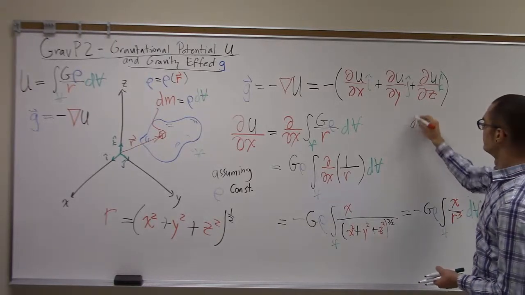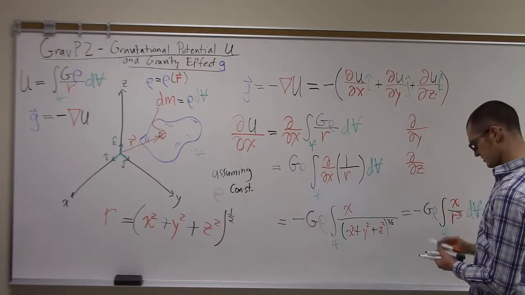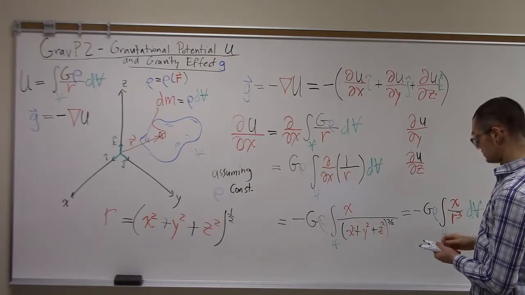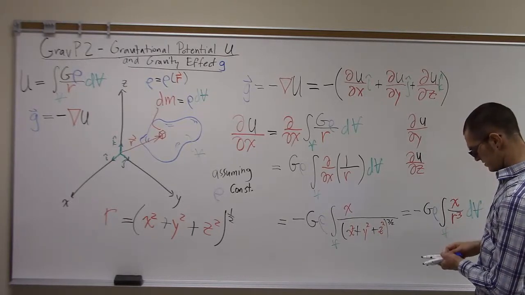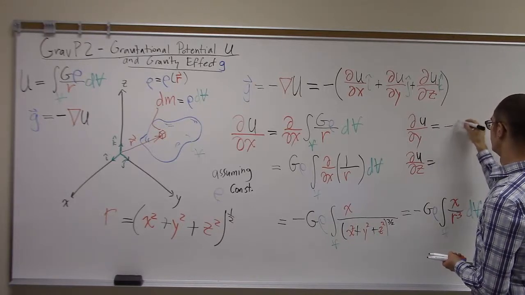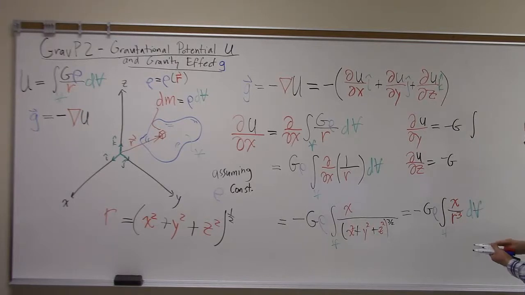Similarly, for d by dy and d by dz of U, we have that those are equal to negative G, with an integral over the volume.